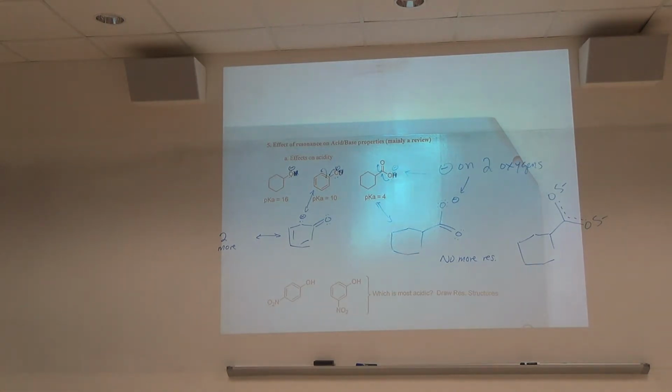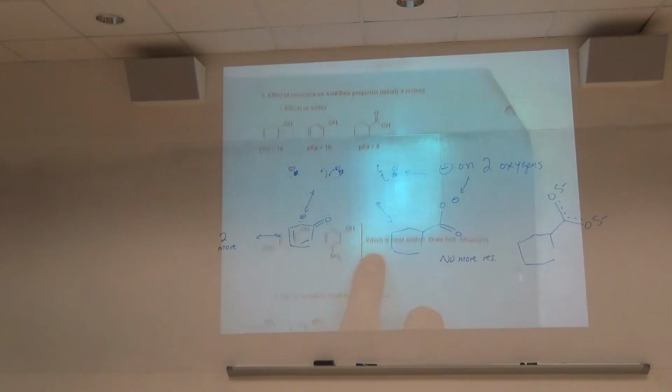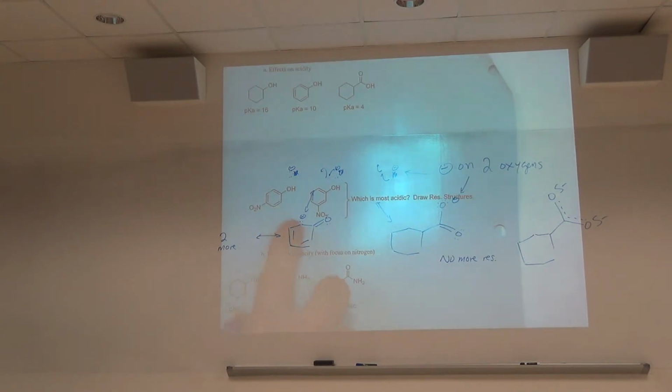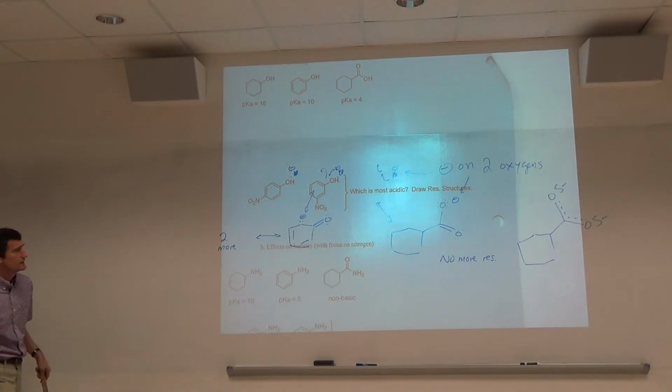Does that make sense? 2 oxygens is better than an oxygen 3 carbons. That's why we call that a carboxylic acid, and we don't call that an acid. Okay, but we can start putting groups on the ring, and we can say which is most acidic.